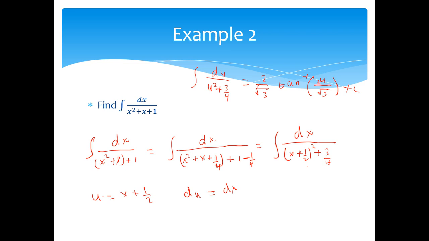And now we substitute for what u is, so it's 2 over square root of 3 tan inverse of, at this point, I have x plus 1/2 here times 2.